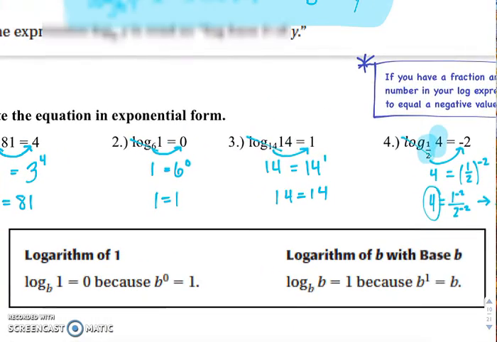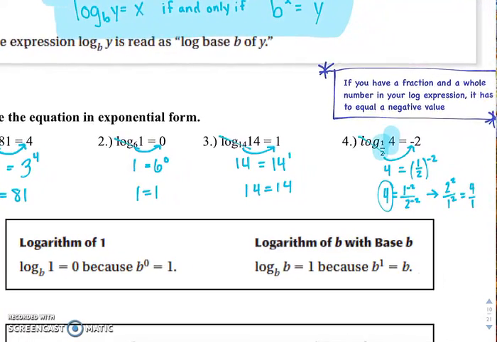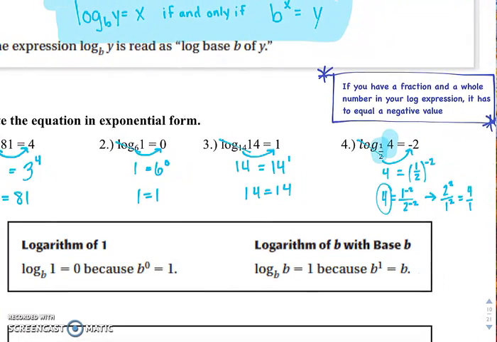So if you guys are looking at logarithm of 1 or logarithm base b with b, it just says that log base b of 1 equals 0 because anything to the 0 power is always 1. Then it says logarithm of base b with b is always equal to 1 because anything to the first power is always itself. So these are sort of examples.